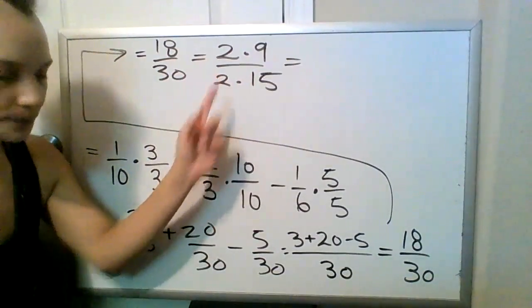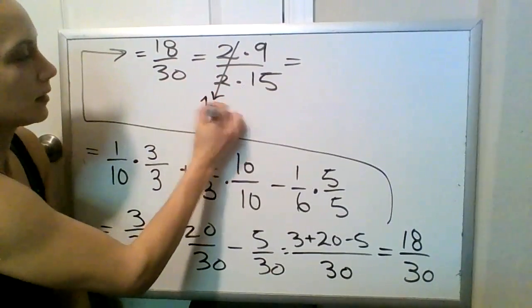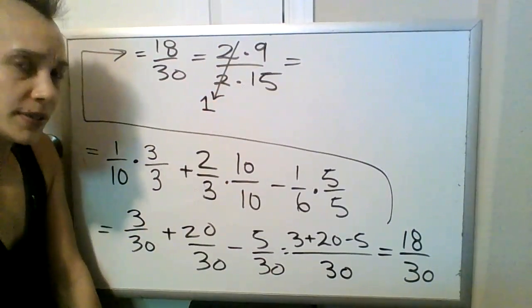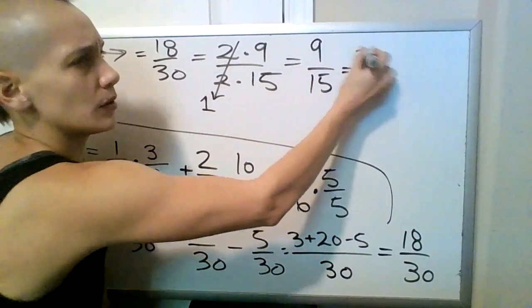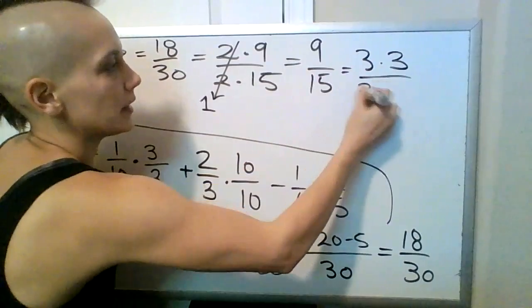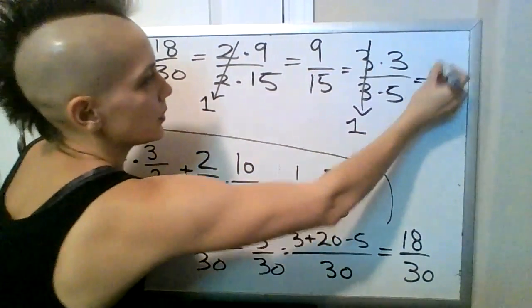It reduces to 1. And there's 9 over 15, which will also simplify. Right, 3 times 3 times 5 happens again. Got 3/5.